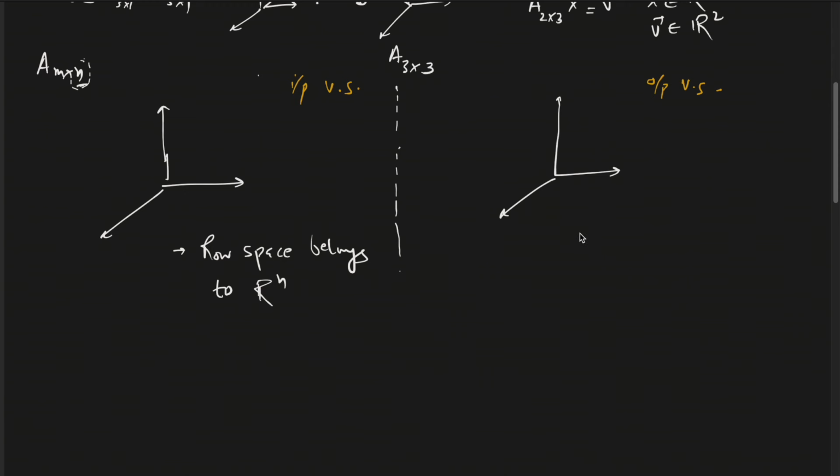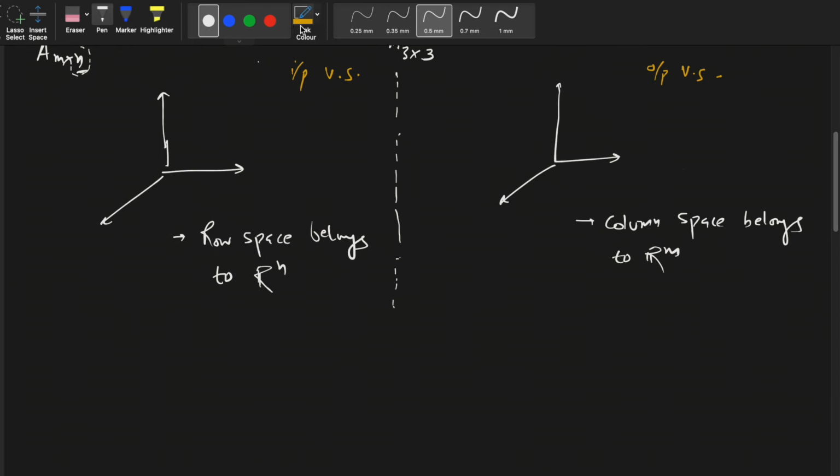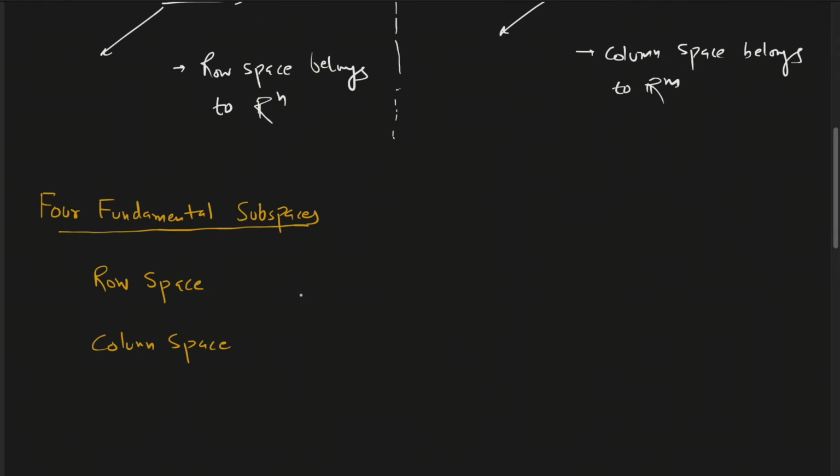Okay, and your column space belongs to Rm, that is the output vector space. All right. So similarly, if we write down all the four spaces, this is the column space, and the row space is nothing but the column space of A transpose, which we already know.